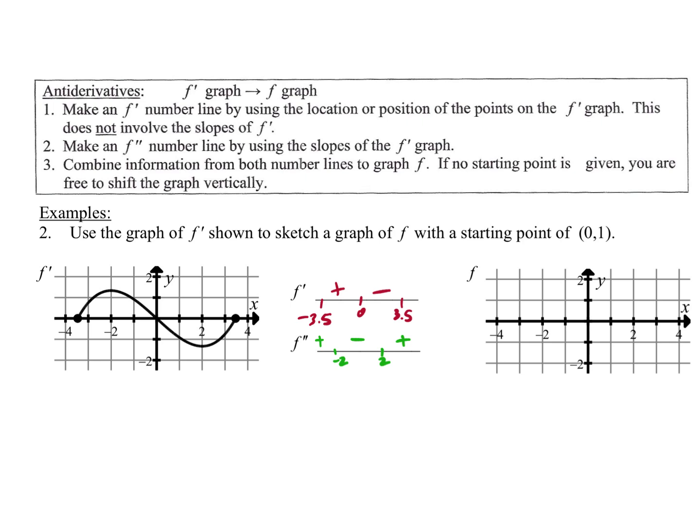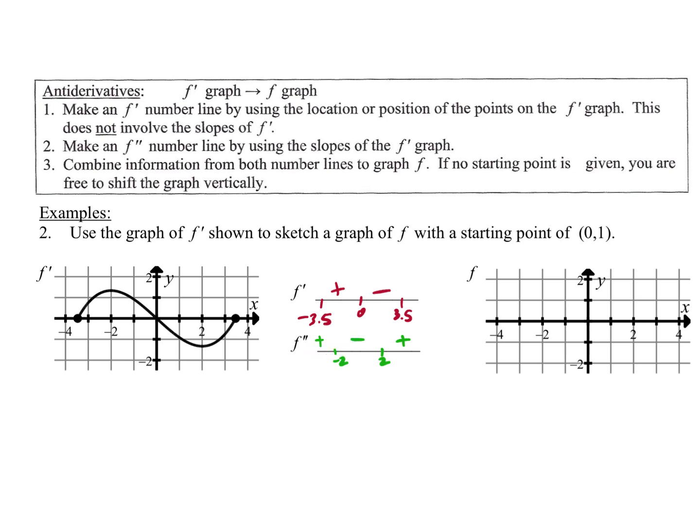Now, so here's what this means, okay? From -3.5 to 0, we have an increasing function. Okay, the slope will be positive. But it's concave up for part of that, and then concave down for part of that.